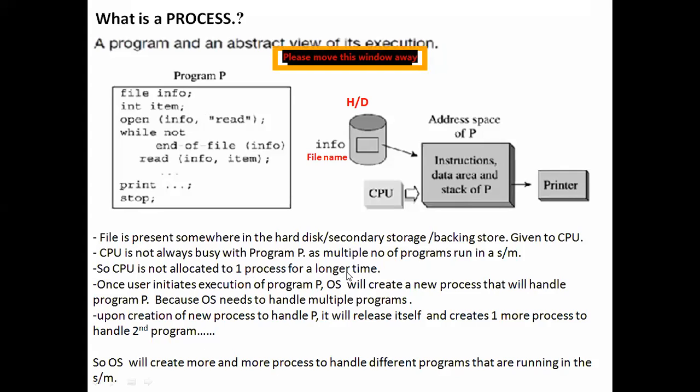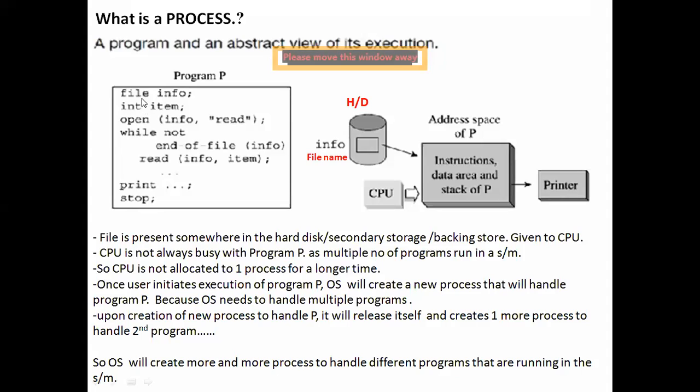Instead, my CPU will execute a small part of many processes, or the CPU time will be divided among n number of processes. A small time quantum, or a small CPU time slot, will be allotted to each and every process, thereby I can handle n number of processes.